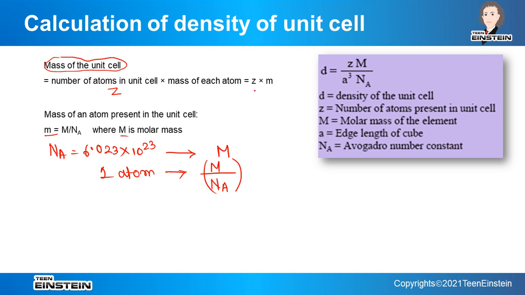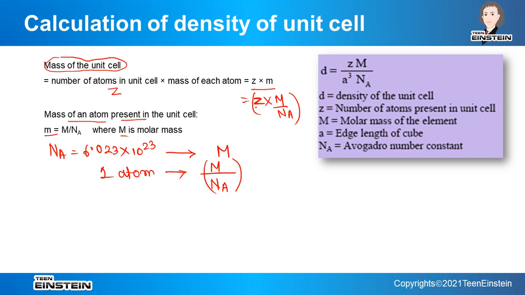So in place of this equation, we can write Z into M by Na. Okay, so this is mass of an atom present in the unit cell, that is M by Na, and when we are multiplying Z with it, that will give us the mass of the unit cell.